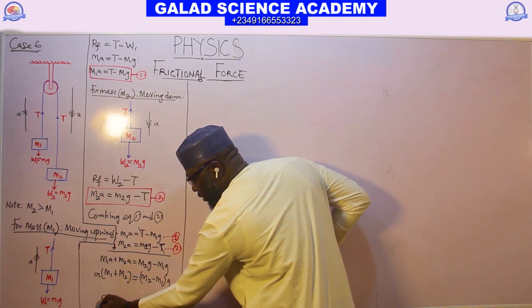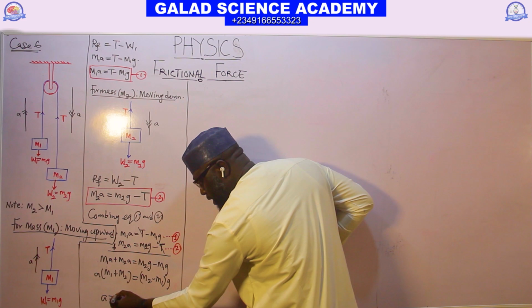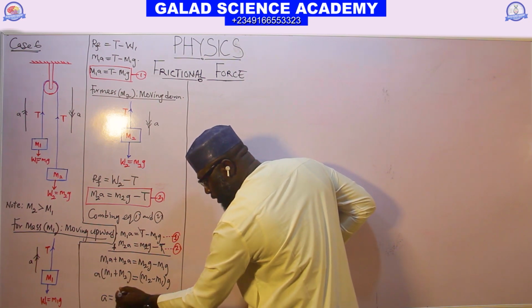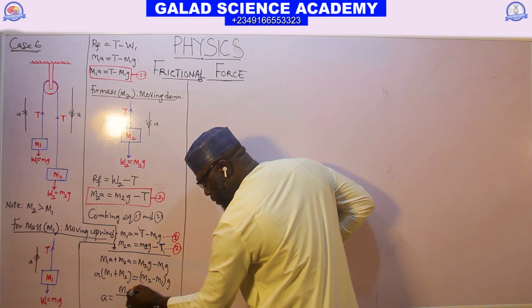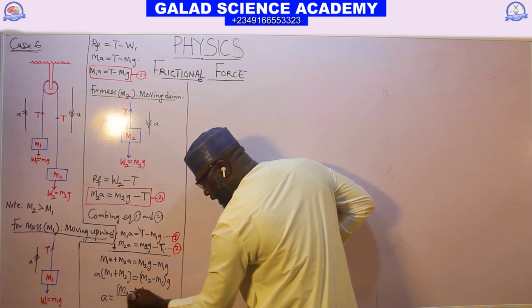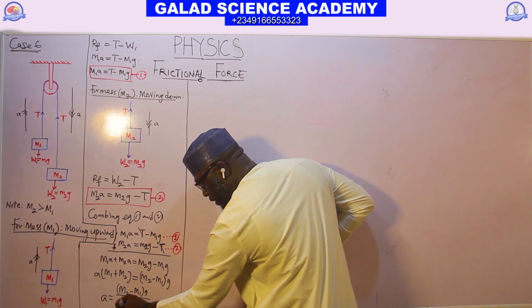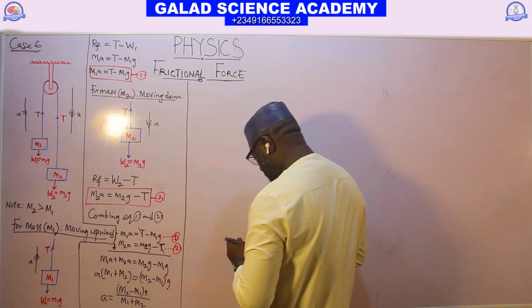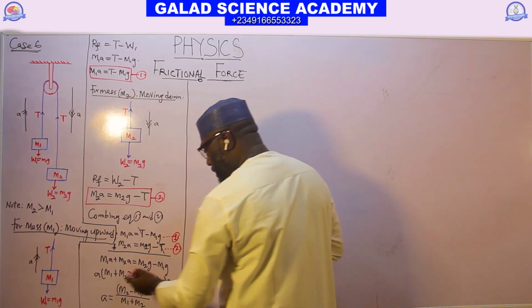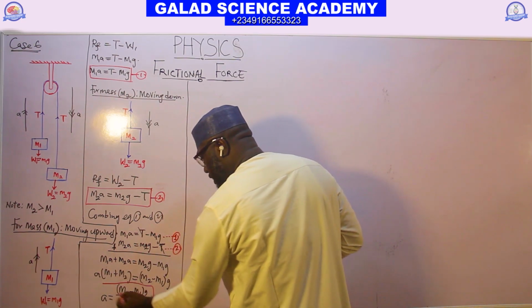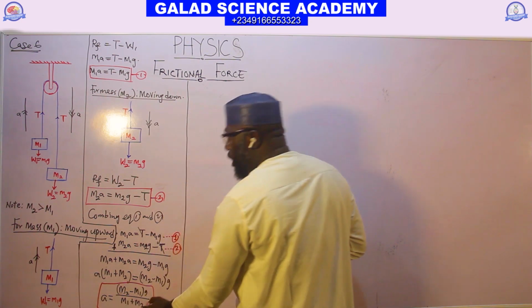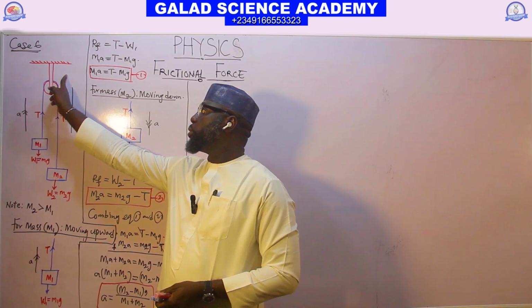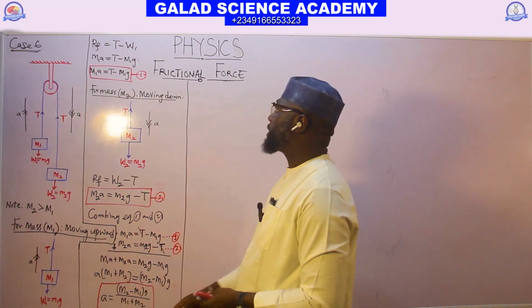So here you can now have a should be (m2 minus m1) g over (m1 plus m2). So this is the acceleration of a suspended mass in a single pulley system.